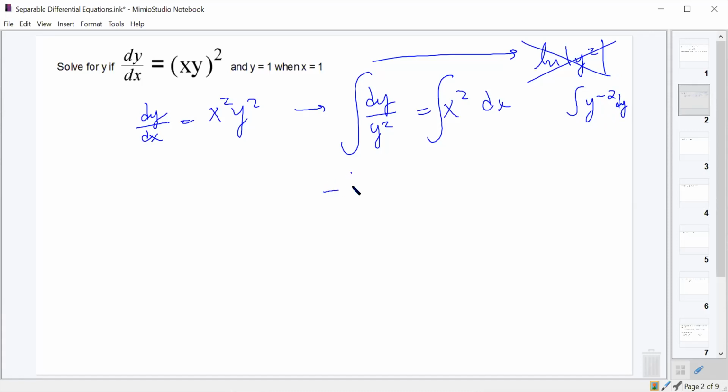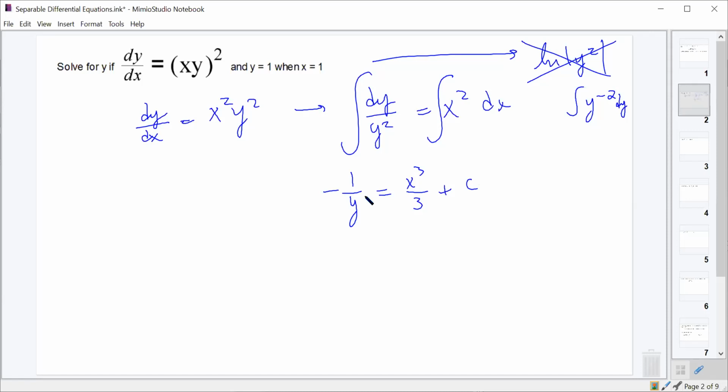-1 over y. And on the right-hand side, we end up with x cubed over 3. And we'll just put the constant only on the right-hand side. Okay. Good or no? Good. All right. So now, some teachers will say solve for y and then find your constant.